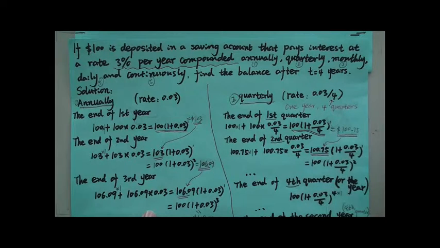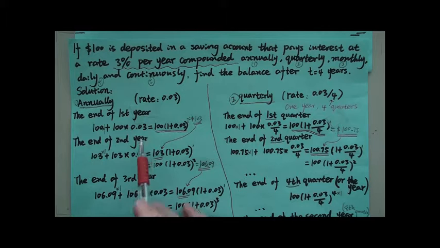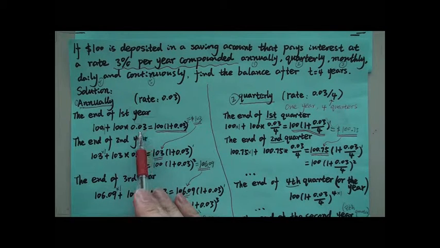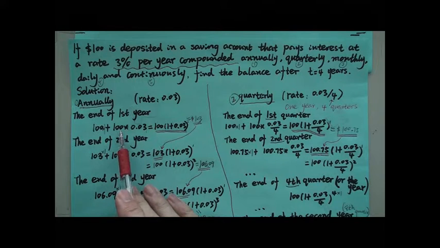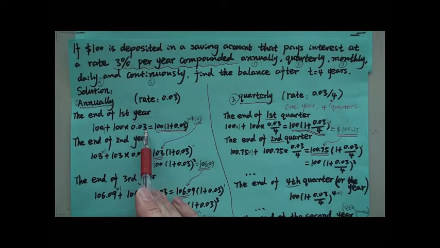If it is compounded annually, then at the beginning you have $100. The interest is 3%, so that's 0.03 times 100, which is $3.